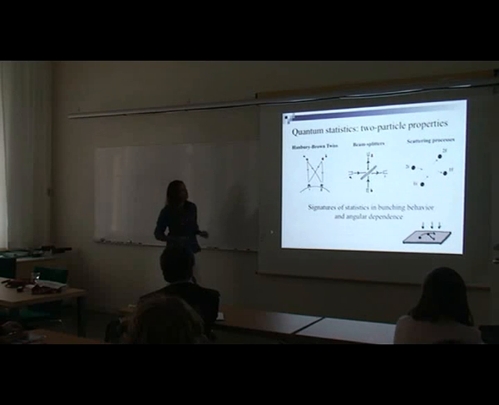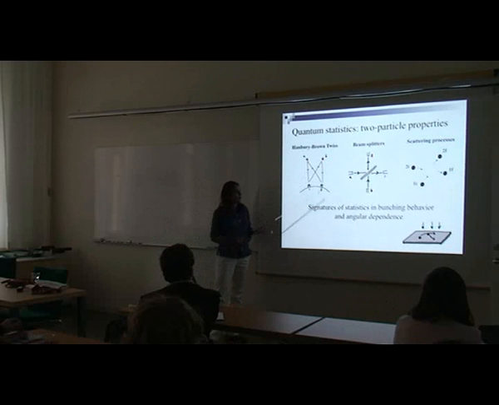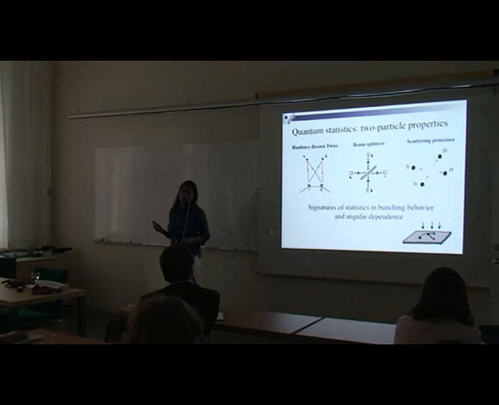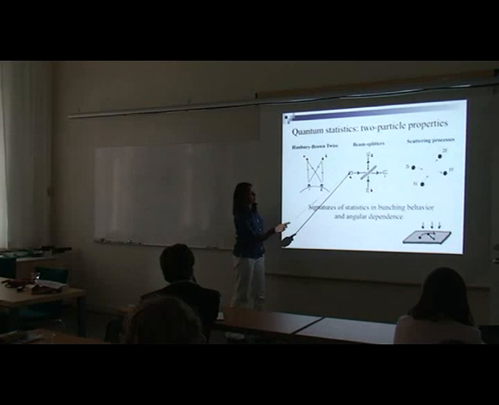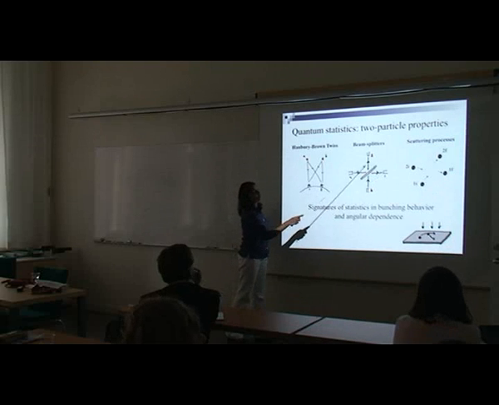Hanbury Brown and Twiss also did a tabletop version of the same experiment, and it's really the underlying thing that's used in modern-day quantum optics. Essentially it's the same thing. You have two sources and two detectors, and photons can come in from either source and go into the two detectors.